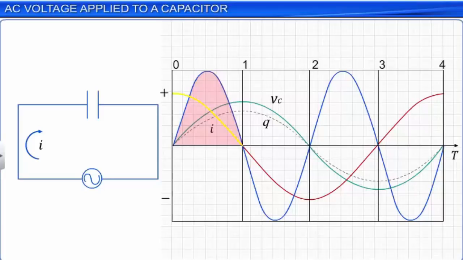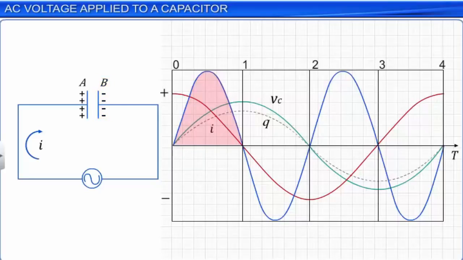By the end of this time segment, plate A gets fully charged with positive charges and plate B with negative charges, and they oppose any further current in the circuit. The plates are fully charged at the instant 1.